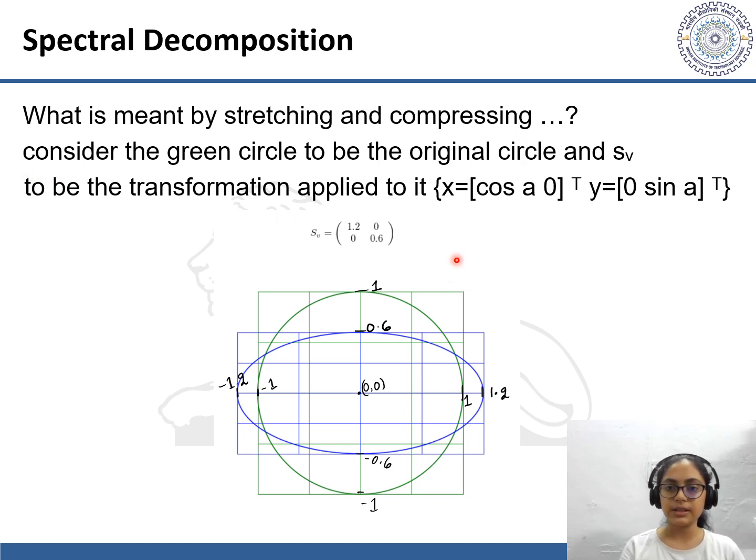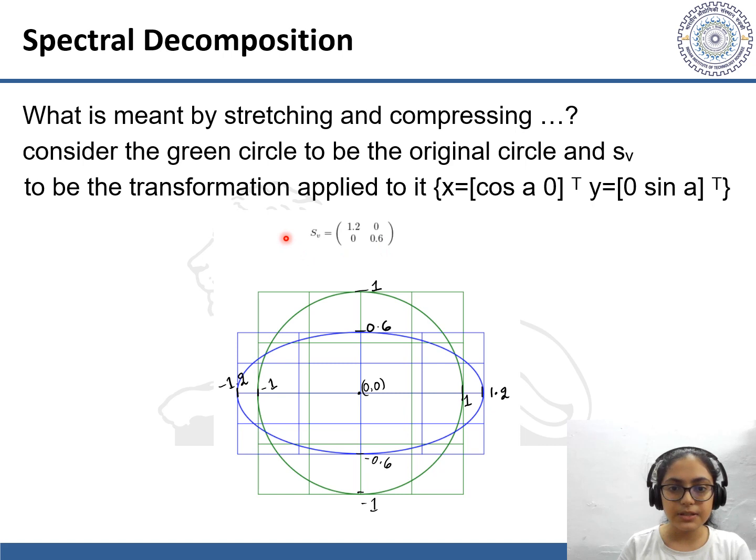So let's consider an example where the green circle is the original circle and SV is the transformation applied to it. Any point on this green circle could be represented by the vector x equal to [cos A, 0] transpose, y equal to [0, sin A] transpose. This is in the 2D plane where the standard bases are [1, 0] transpose and [0, 1] transpose.